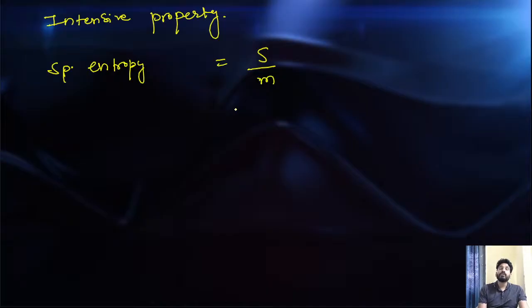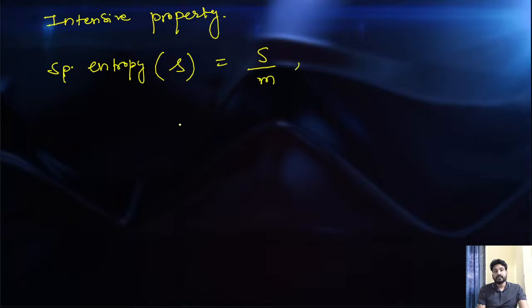As I already told you, any property defined per unit mass is called a specific property. So specific entropy means the entropy divided by mass, and the specific property is always denoted by the small s, right? It is clear to you.